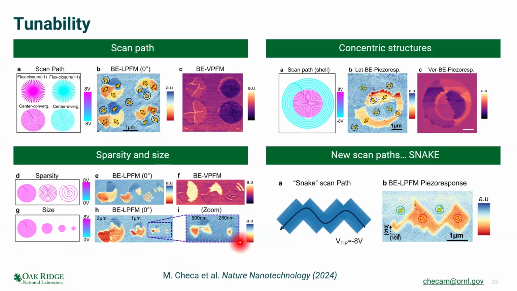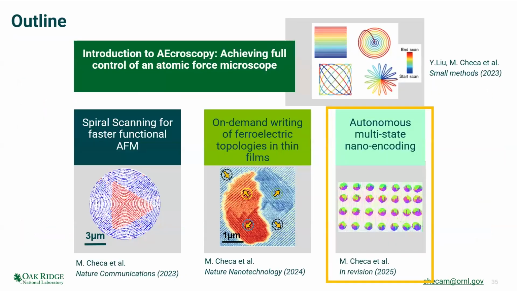We can play with the size of them too. I like these concentric structures, where we do a donut, where the outer part is a center-convergent structure, but the inner part is center-divergent. Or, one can think of any scan path, like this snake-like scan path that aligns the polarization in this weird snake-like domain.